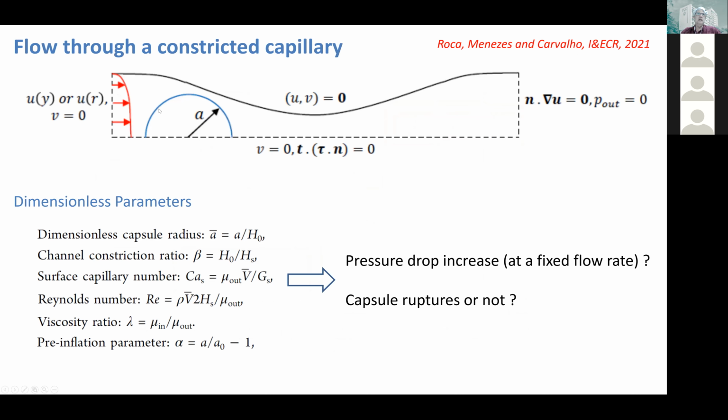Then we want to study how the pressure difference changes as this capsule flows through the constriction, and obtain the pressure drop increase as a capsule is flowing through this constriction, and how that pressure drop changes as we change the properties of the shell of the capsule.